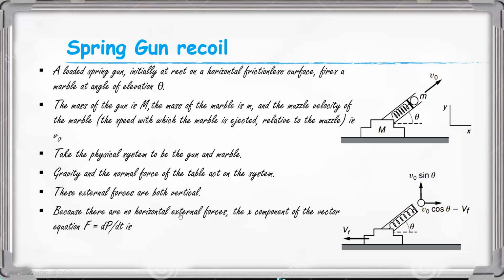There are no horizontal external forces. Then the x component of the vector equation F equals dp by dt is 0, that is, equal to dpx divided by dt.